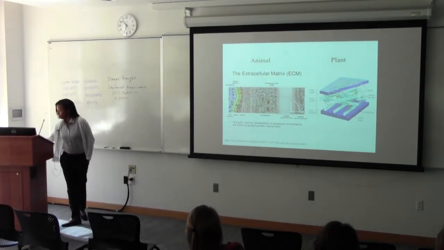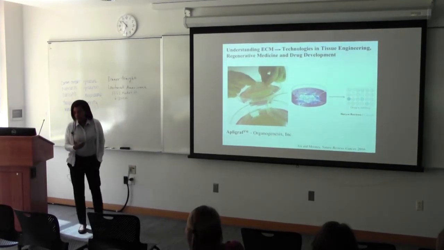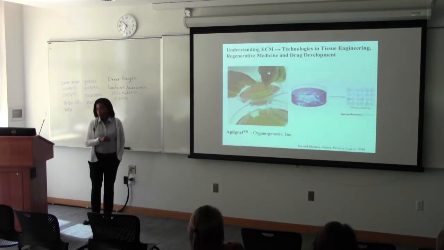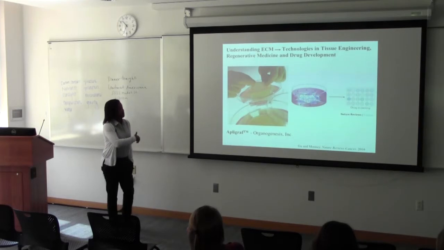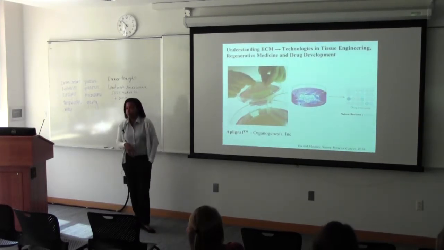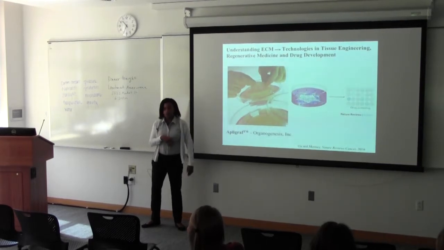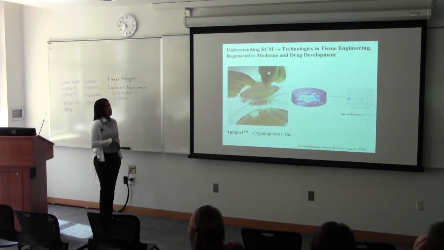Over the years we've gained a lot of understanding of what those matrices are and what compositions really affect cells significantly, and we have engineered artificial matrices for different technologies. In tissue engineering we use them a lot. This is the first product developed, called Apligraf, by Organogenesis. That's a collagen matrix with skin cells on it, for skin repair.